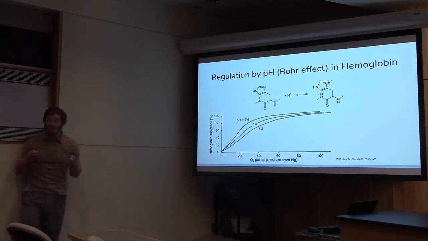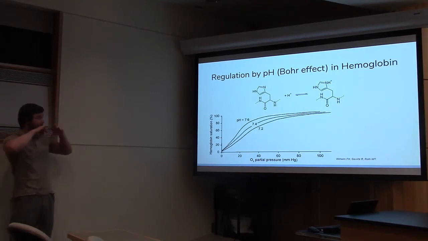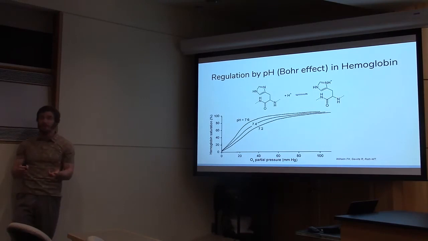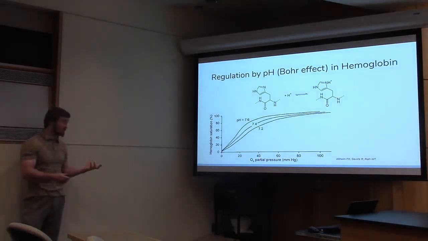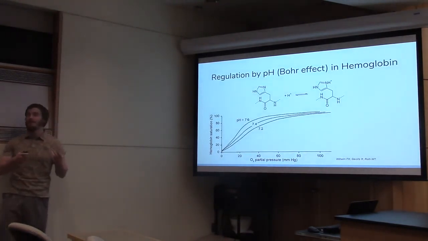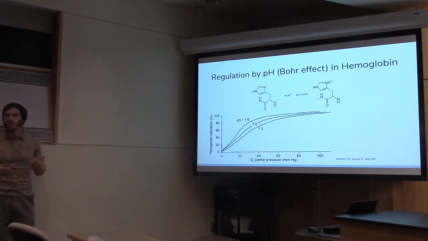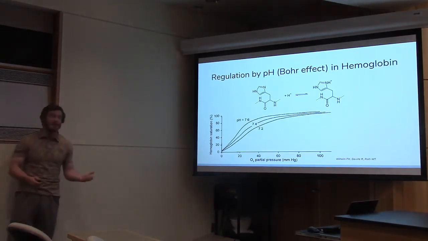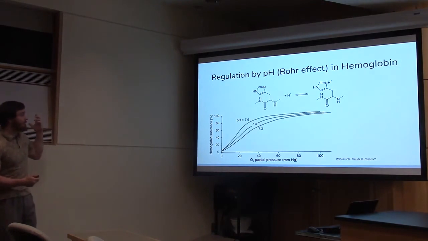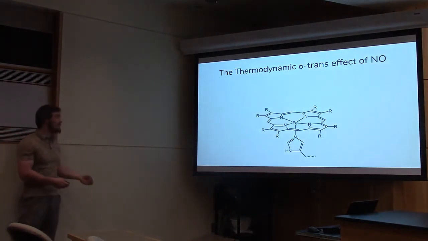This creates a salt bridge in the hemoglobin, which conformationally changes the hemoglobin, and this new shape has a higher affinity for carbon dioxide. So what does this have to do with nitric oxide binding to my heme? Well, for that I wanted to look at the thermodynamic sigma trans effect of nitric oxide.